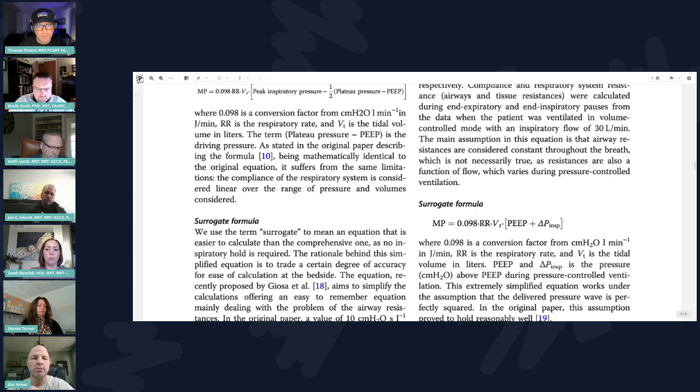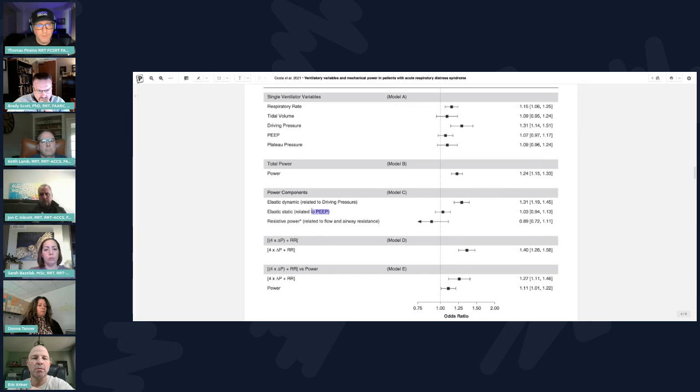But if they're highly recruitable, the increase in mechanical power may not be associated with the same outcomes. And that's what this paper by Costa showed: when you take the PEEP-related component of the power equation, there's basically no difference in outcomes. So it's likely confounded by whether or not the patient has recruitment potential.